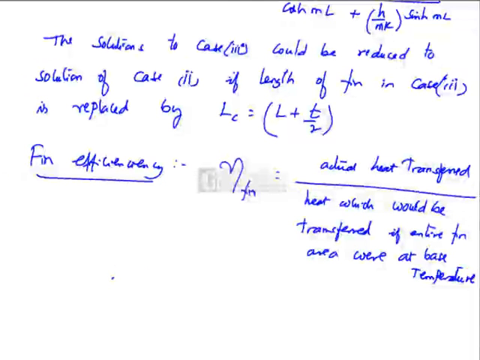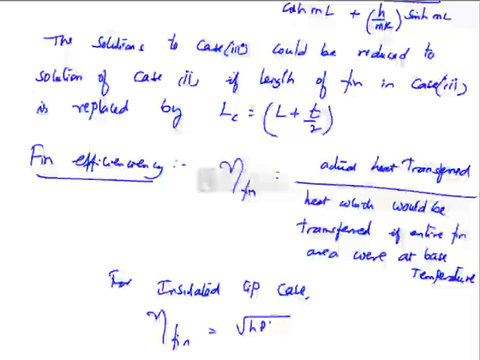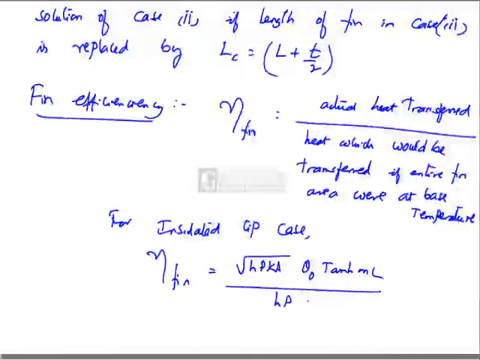That is, for the insulated tip case, the efficiency of the fin is given as square root of HPKA into theta naught into tanh mL, divided by, if the entire fin is at the base temperature, that is when the fin material has infinite thermal conductivity, the heat that would be transferred through the fin, given as hP into L into theta naught.